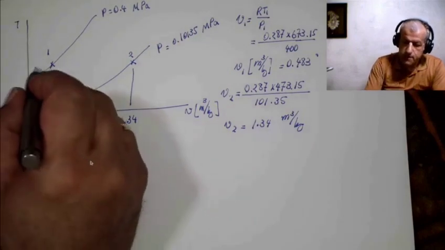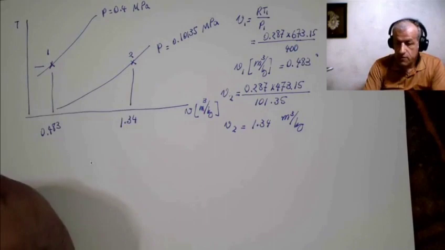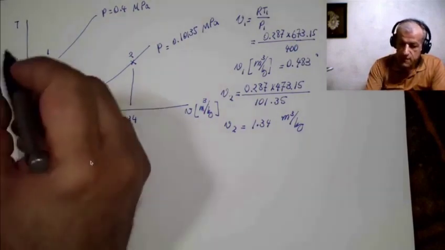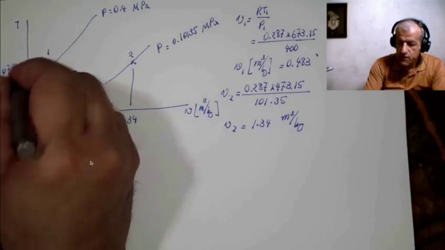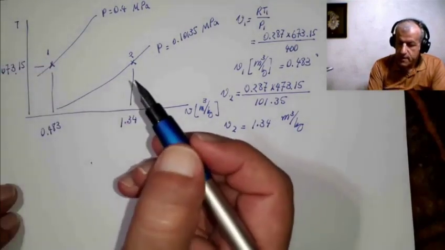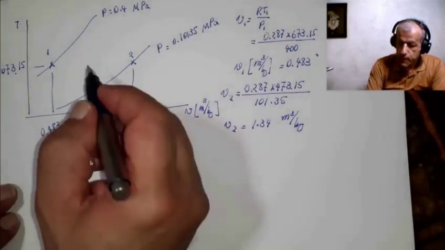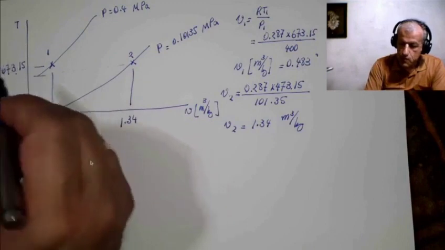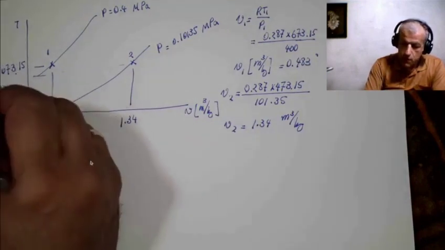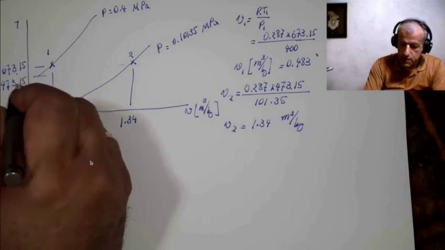T1 is 400 degrees C, but we should do it in kelvins, which is 670.15. And for 2, it is 200 or 473.15.